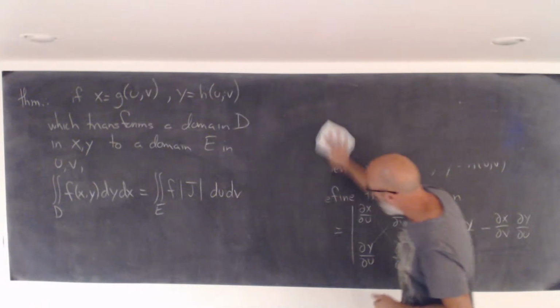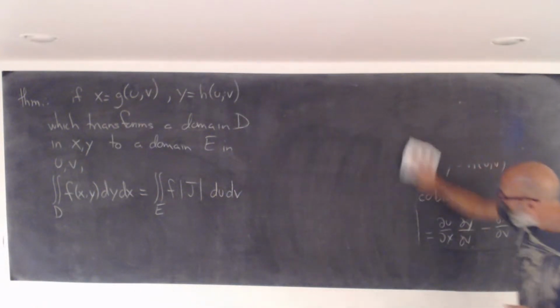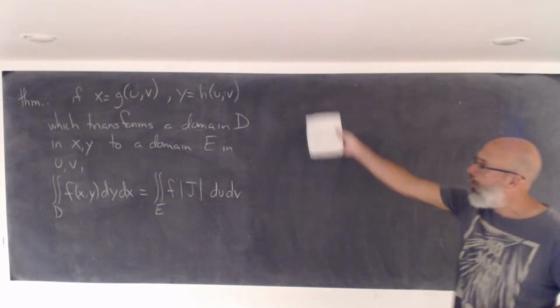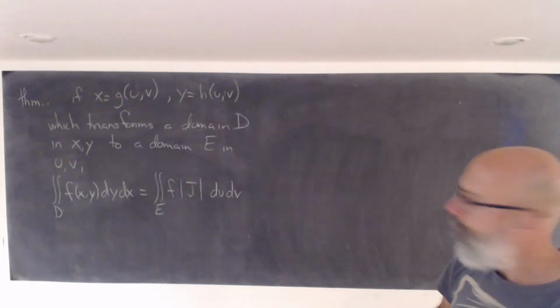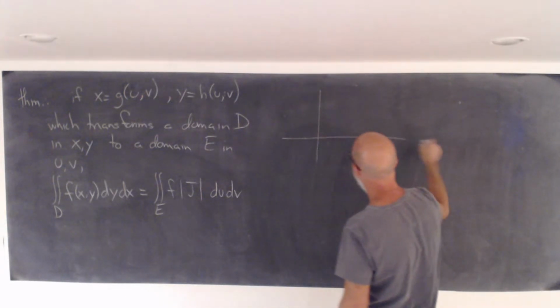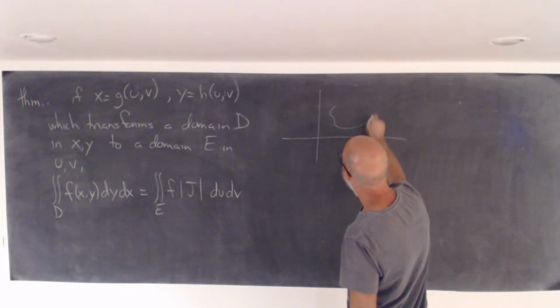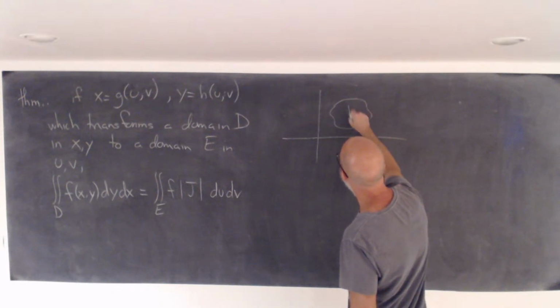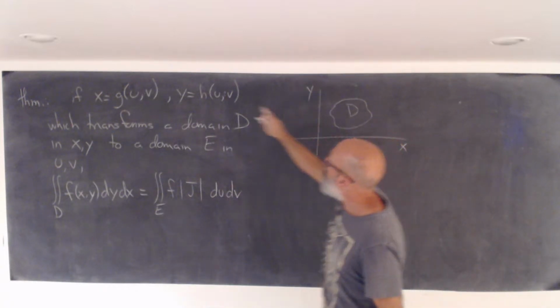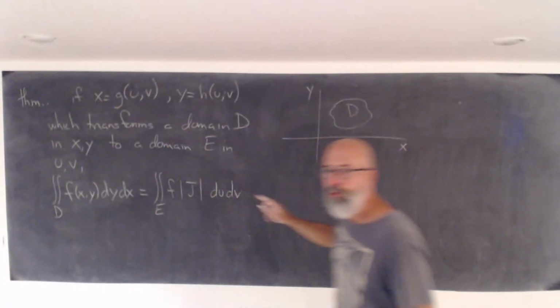You are making this UV substitution, right? So you're starting in the xy plane with some domain D, and you're making this substitution.